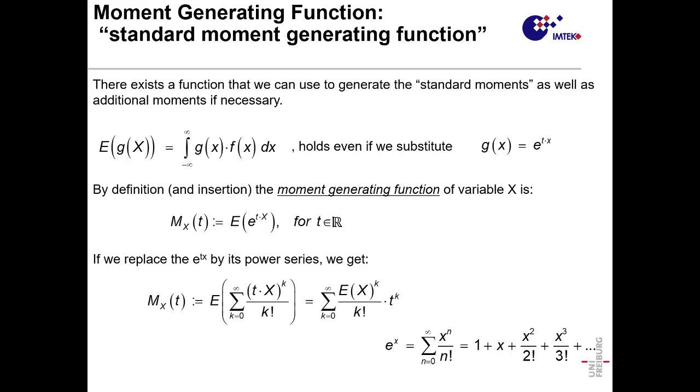Then how can we actually use that, or how can we generalize it into a moment generating function? In some way we want to have a function that actually generates all the moments that we want, right?